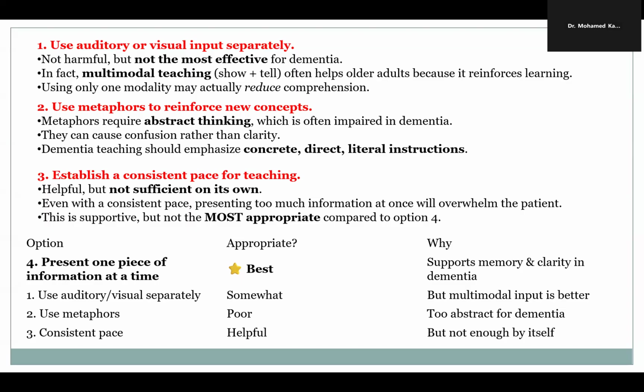Use metaphors. This is poor, and this will be difficult for people who have dementia. Consistent pace, this is helpful, but it is not enough, and it is not the most efficient strategy for those patients.